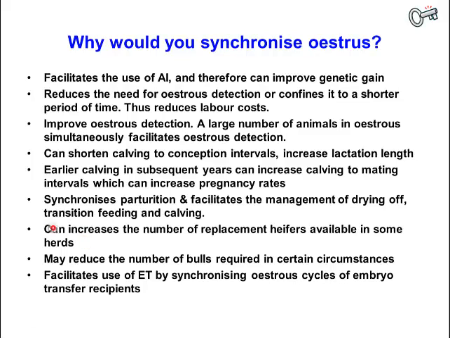If you're inseminating a lot of cows, then you can also increase the number of replacement heifers that are available for some herds. Replacement heifers, particularly in dairy herds, are usually derived from artificial insemination.